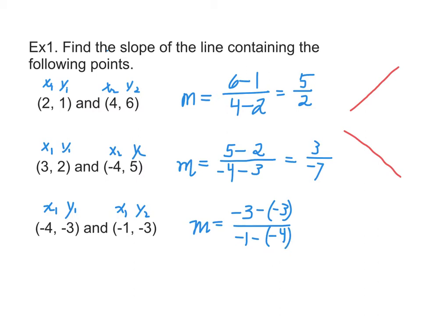In fact, some of them can reduce. Here, two negatives together equal a positive, same thing in the denominator. So I'll have 0 in the numerator and 3 in the denominator. 0 divided by 3 reduces to 0. This indicates that we have a zero slope, or no slope at all. That's a horizontal line.